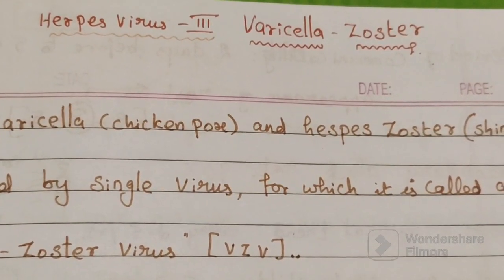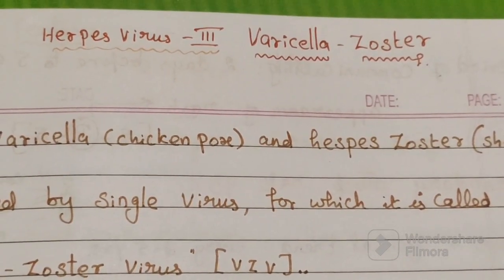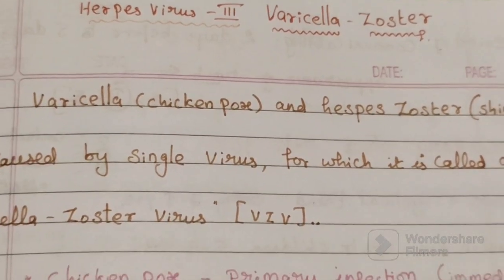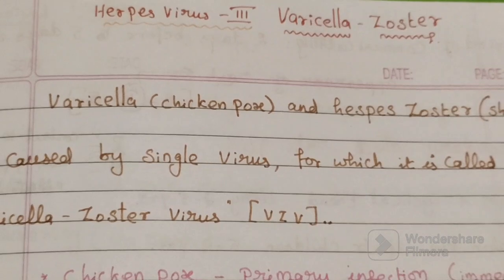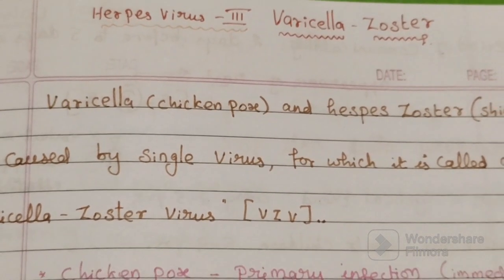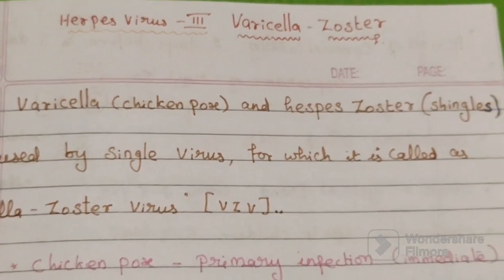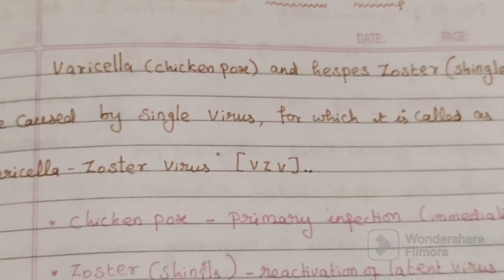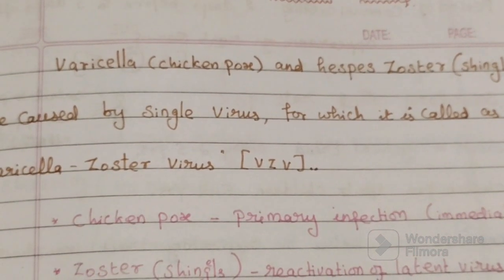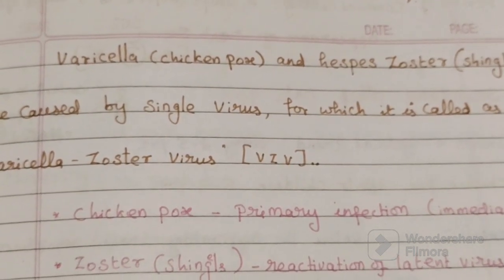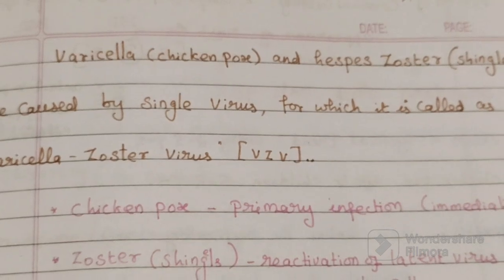Shingles is a secondary infection occurring after many years. As soon as the virus enters, it immediately causes chickenpox, and after many years of latency or dormancy, it causes a lesion. That lesion is known as shingles.